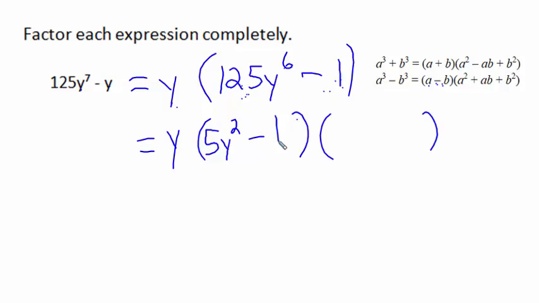In the second set of parentheses, we're going to take the cube root of the first thing, so 5y squared, and square that. So the 5 will become a 25, the y squared will become a y to the 4th.